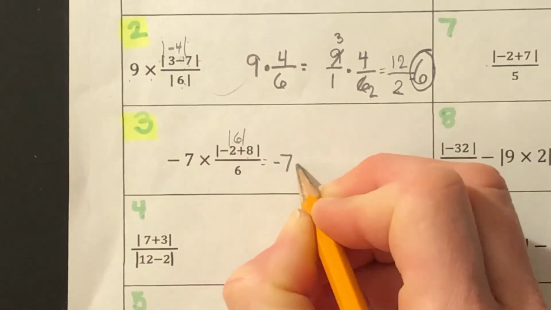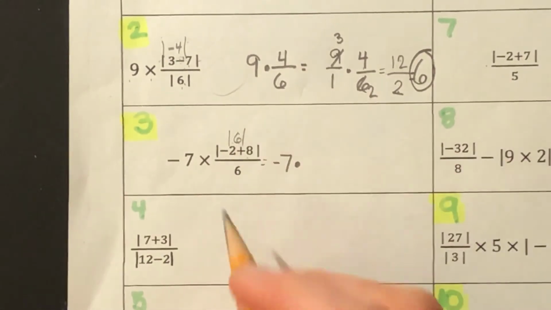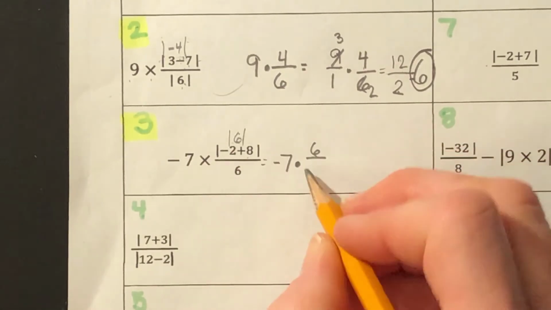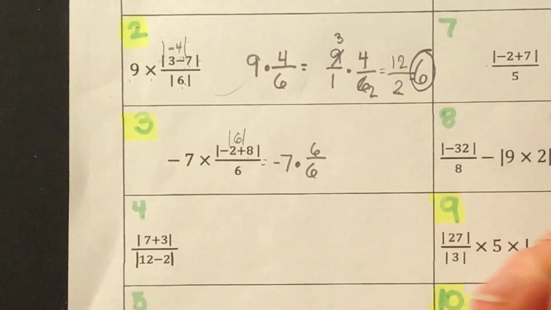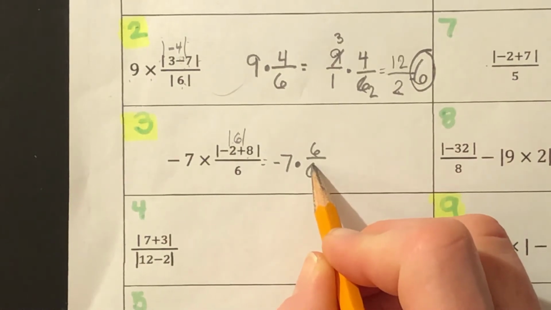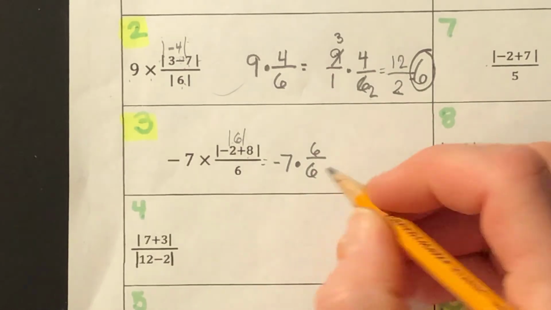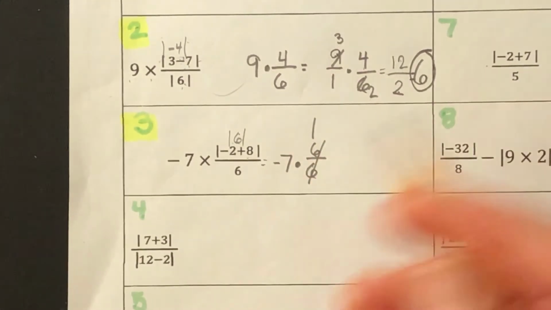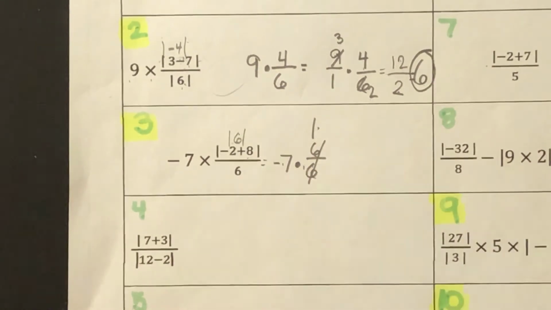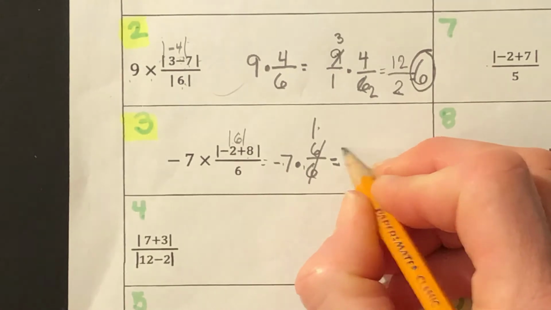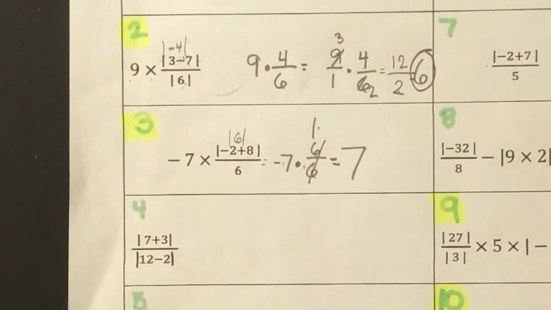Negative 7 times the absolute value of 6 is 6 over 6. Well, that equals 1. It's basically 7 times 1. And I happen to know my 1 facts. That makes 7.